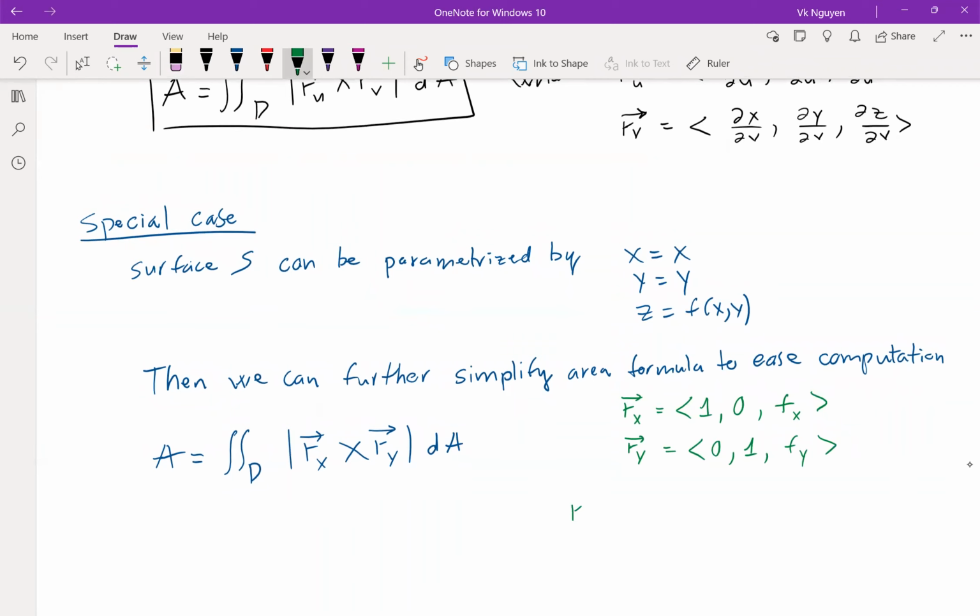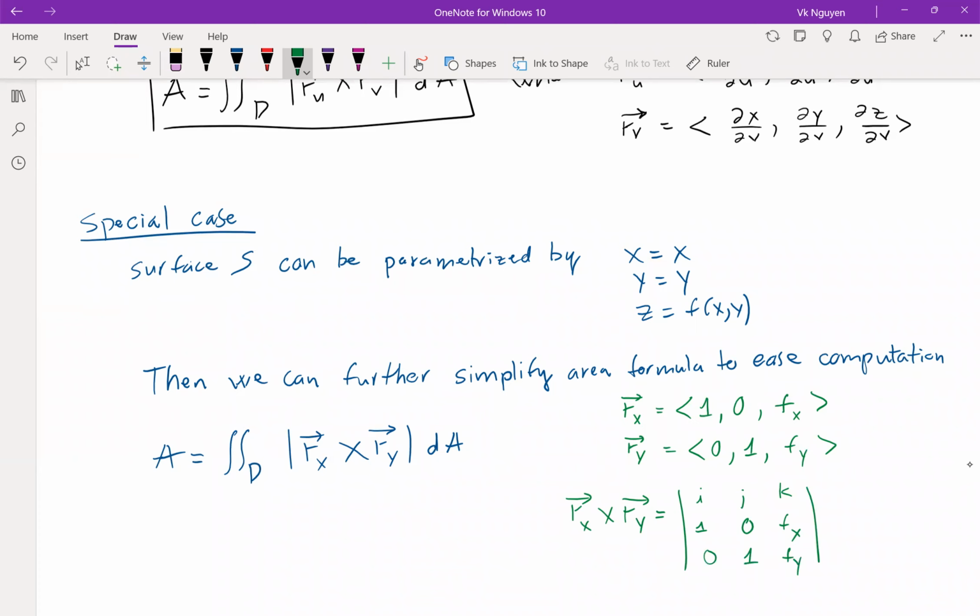Okay, so r_x cross r_y. Well, r_x cross r_y is the i, j, k, right? 1, 0, f_x. Most of you don't have to write this out, because if you write r_x next to r_y, then you should be able to do the cross product right away. 0, 1, f_y.